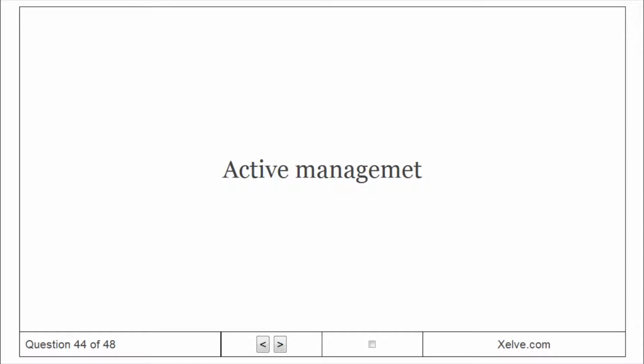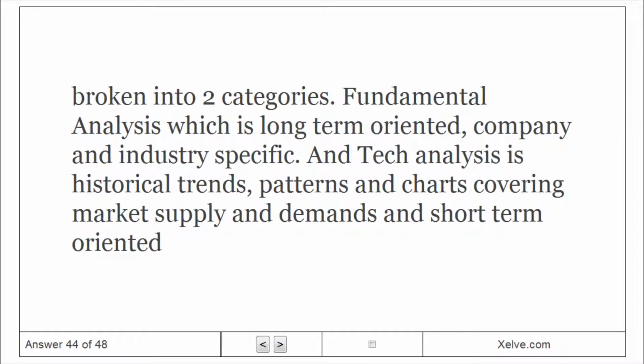Active management is broken into two categories: fundamental analysis, which is long-term oriented, company and industry specific, and tech analysis, which is historical trends, patterns and charts covering market supply and demand, and short-term oriented.